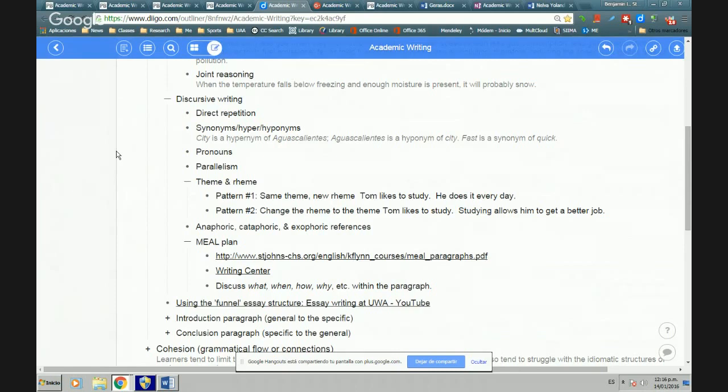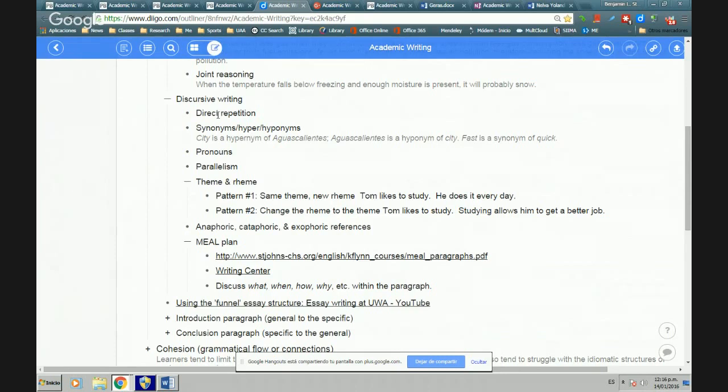All right. There you have direct repetition. Direct repetition is also part of the theme and rheme. Yes, that can be. In fact, we saw the example, example 2, where we had, what was the phrase? Learning experience. Yes. So that was an example of direct repetition using pattern 1.